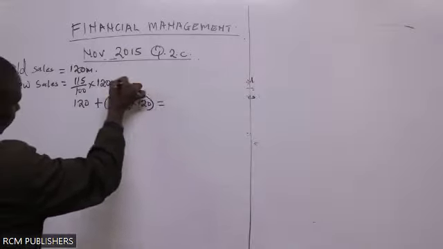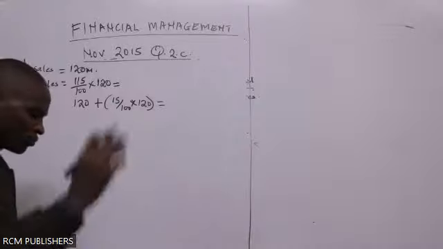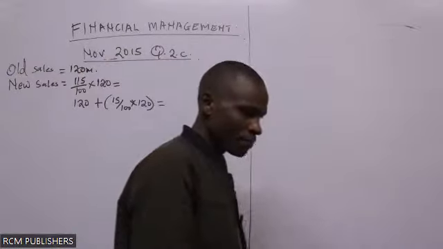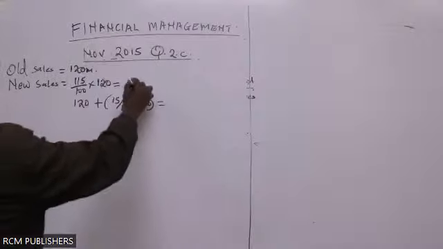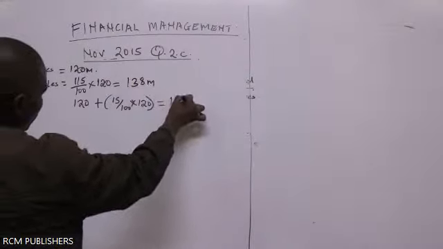Hizo zote zinafaa kupatia the same. Ukitumia njia yoyote, bora ufike haraka. So you're giving me 138 million.